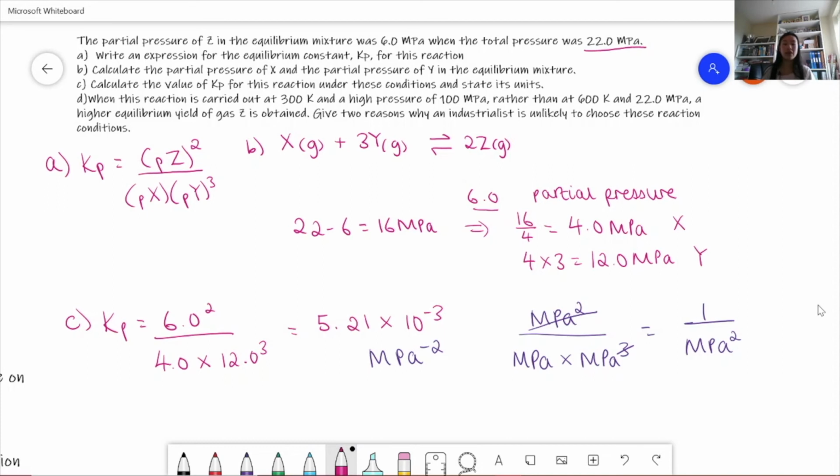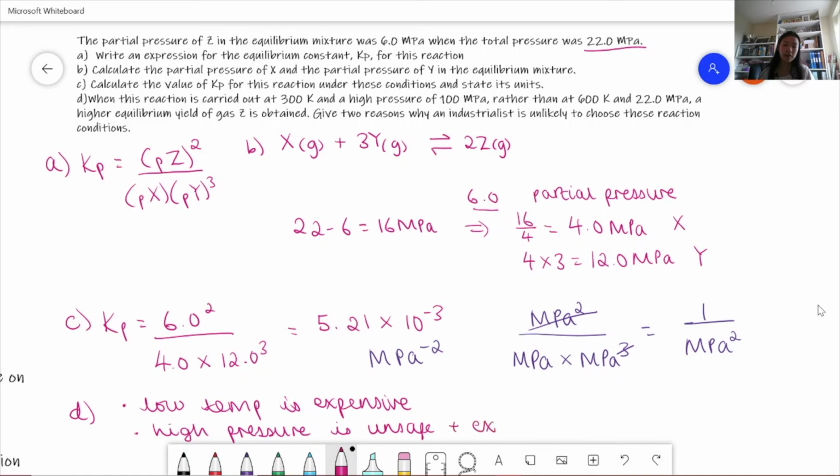And also for the pressure, if we use a very high pressure, then it's actually quite a big safety issue, and it also does cost a lot. So the answers are that a low temperature is expensive and a high pressure is unsafe and expensive.